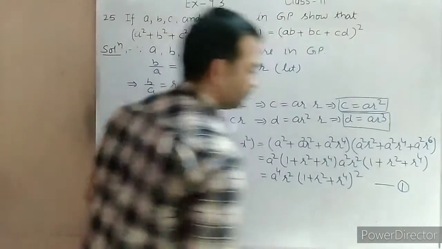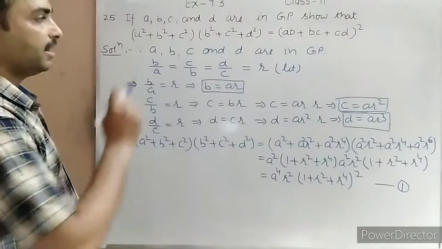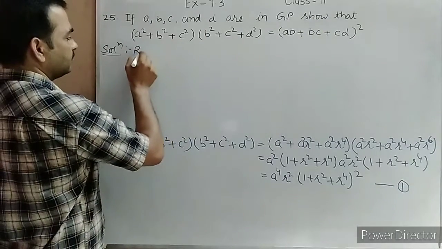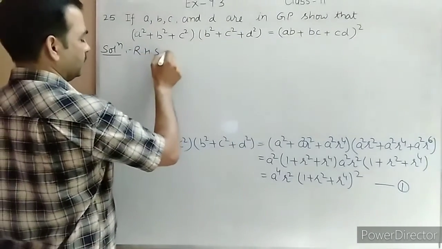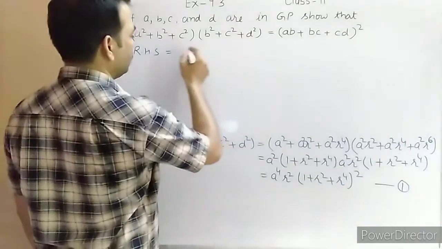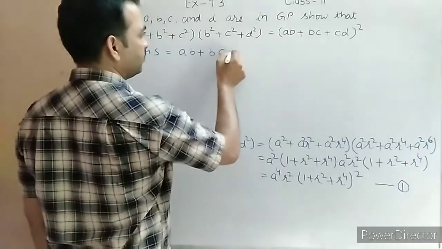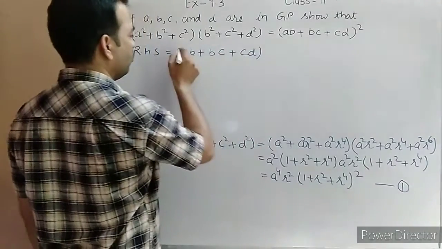So first one. Now I can take RHS. RHS is equal to AB plus BC plus CD whole square.